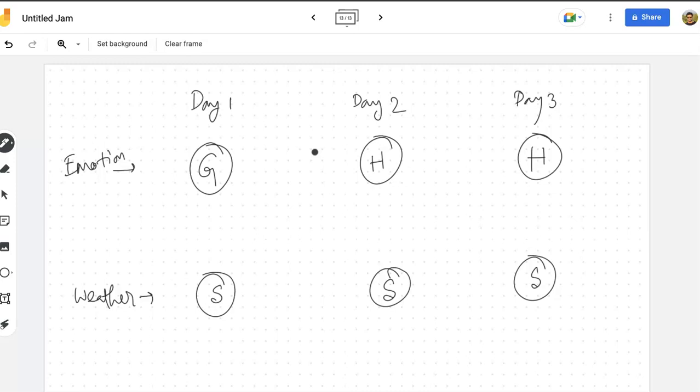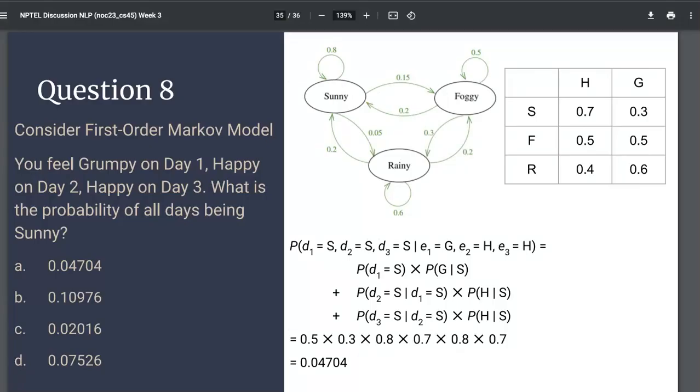Just think about how to calculate this, from the previous example. Basically, day 1 will be sunny, day 2 will be sunny, day 3 will also be sunny, given that day 1 I am grumpy, day 2 I am happy, day 3 I am happy.